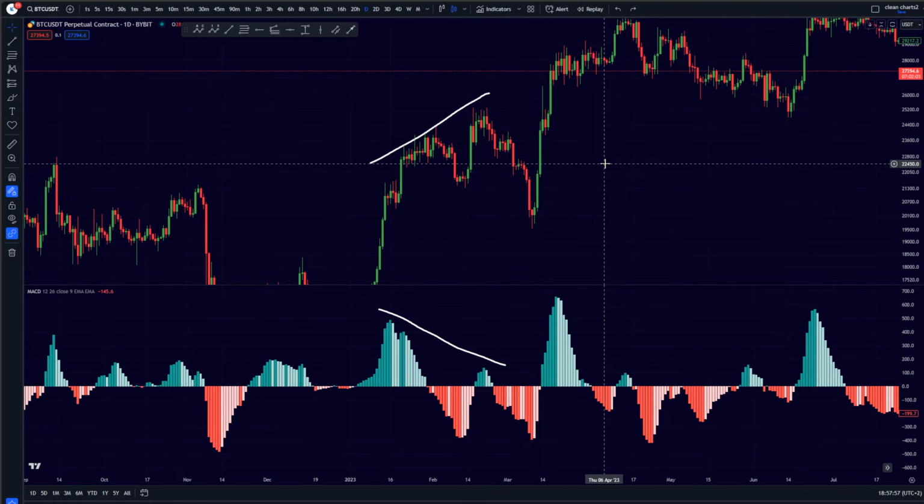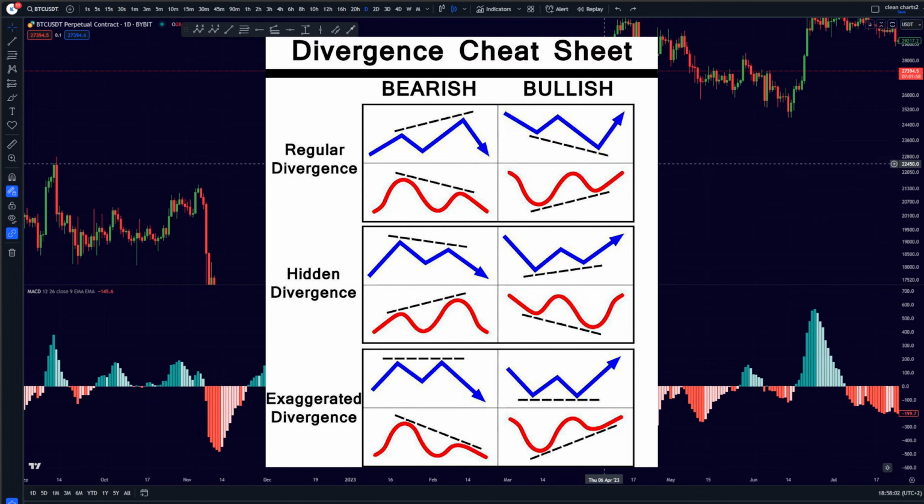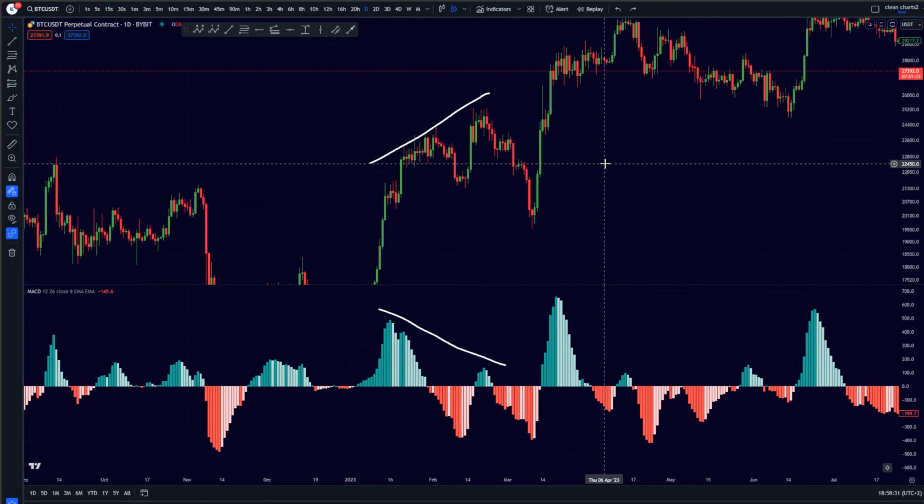Now I will put up a cheat sheet about exactly all of the divergences and what you should be having a look in towards for a bullish divergence and a bearish divergence. So you can go ahead and pause this video and have a look in towards this cheat sheet because this one is very important.